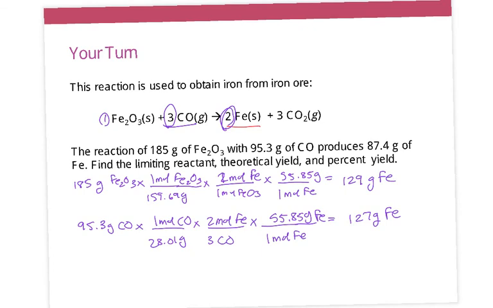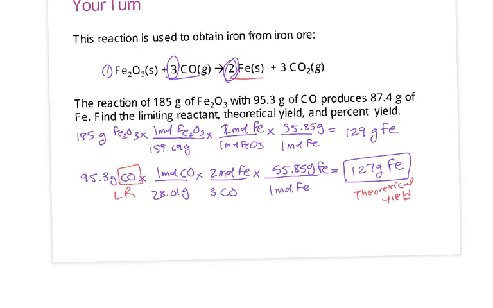All right. Now, what is our limiting reactant based on this? Well, here's our theoretical yield. So our limiting reactant will be carbon monoxide. And then lastly, what is our percent yield?